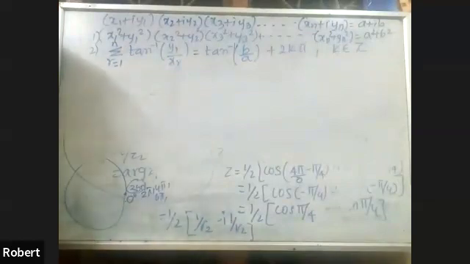Please listen: it is given that x1 plus iy1, x2 plus iy2, x3 plus iy3, and so on up to xn plus iyn, equals a plus ib.